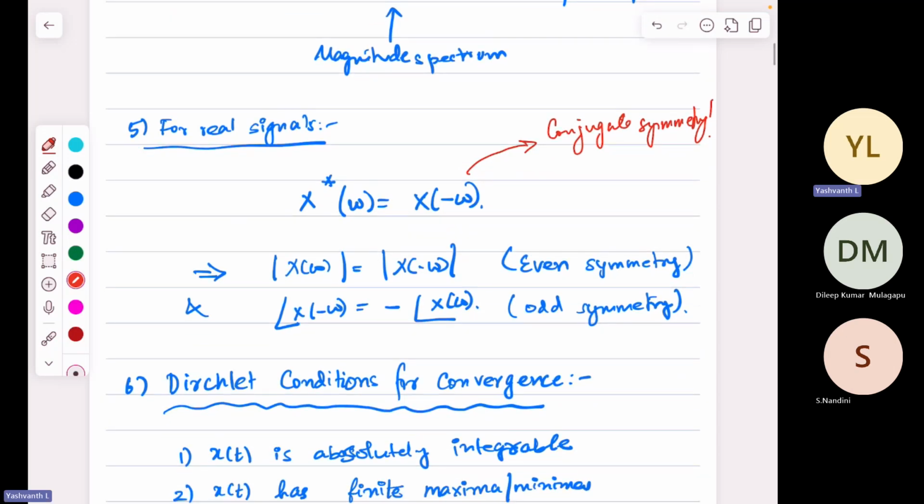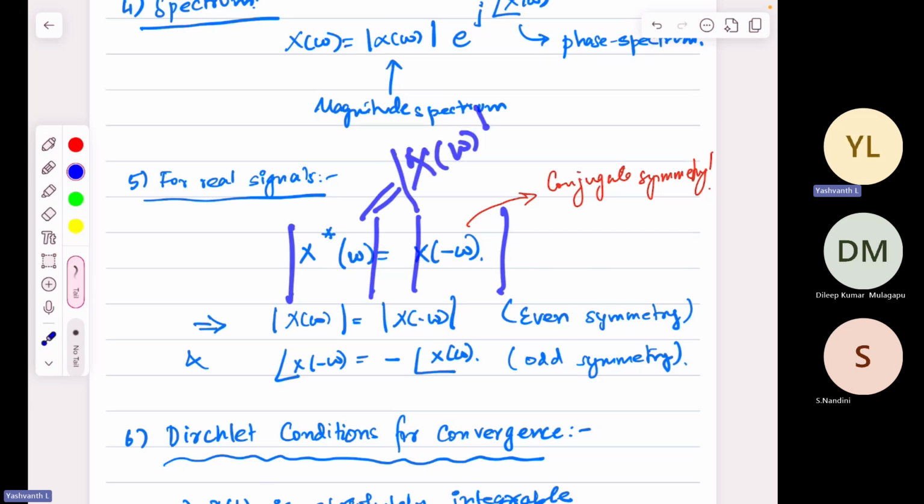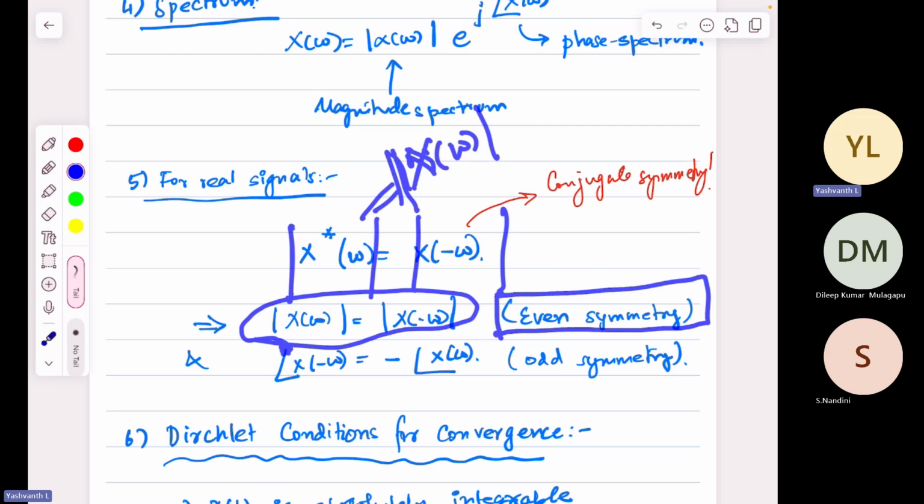So based on this, what does it mean? If I take the magnitude on both sides, let's say I take mod on both sides, mod of x conjugate of omega is the same as mod of x of omega, because conjugation doesn't change the magnitude. That's why for a real signal, you have mod of x of omega equal to mod of x of minus omega, which means the magnitude spectrum follows even symmetry.